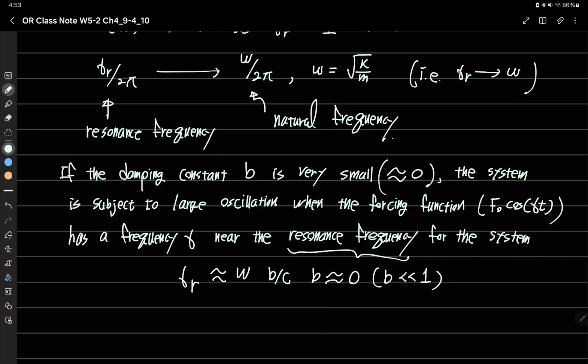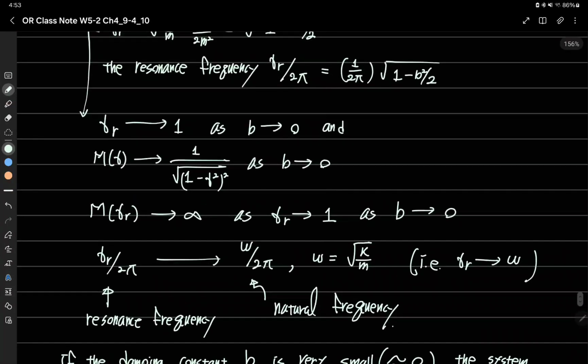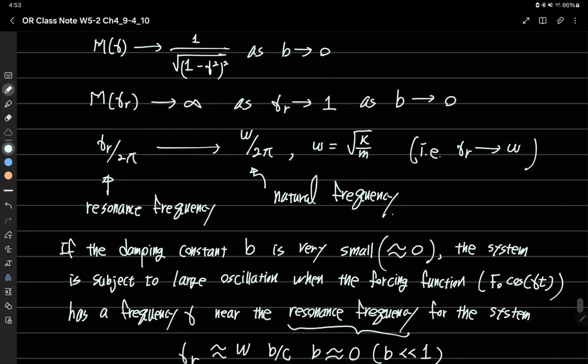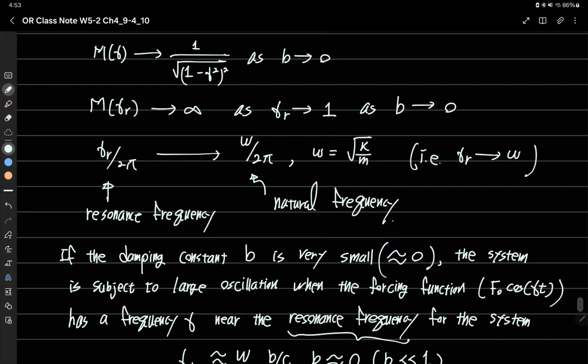Then the resonance frequency is approximately equal to the natural frequency, and the system will have large oscillations in amplitude. We saw that the frequency gain approaches infinity. That's how the amplitude of resonance occurs. Okay, that's section 4.10. Please look at the graph and the examples in 4.10.